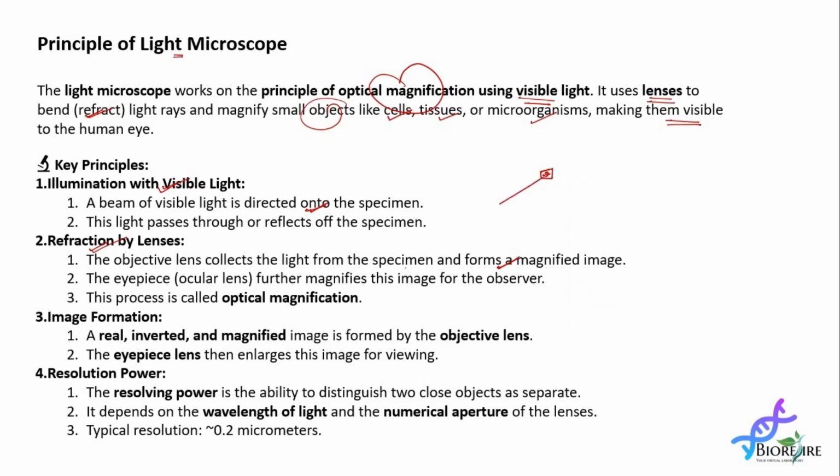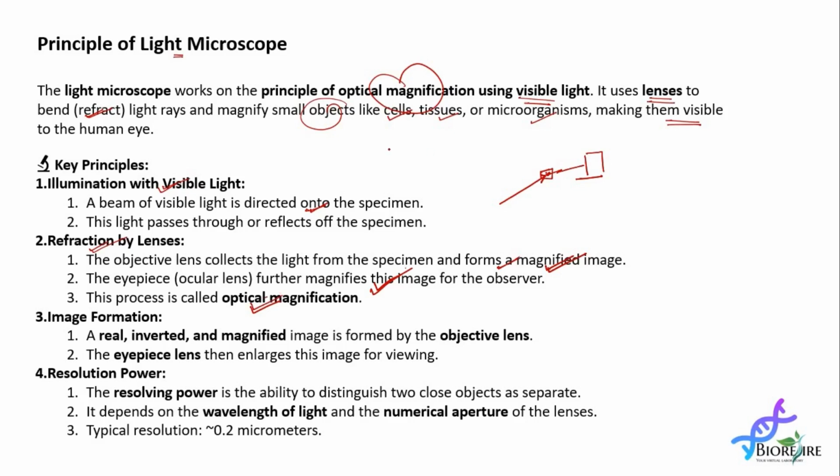Some light passes through it and some light is reflected. This light is collected by the objective lens, which magnifies the image. The eyepiece lens also magnifies the image for the observer, and this is known as optical magnification.